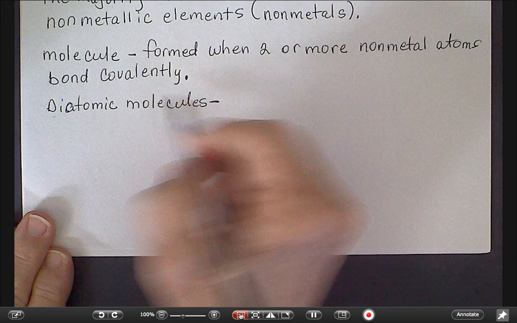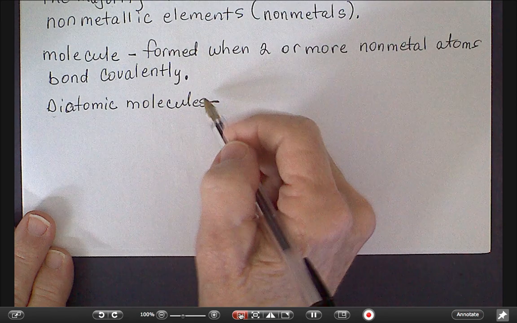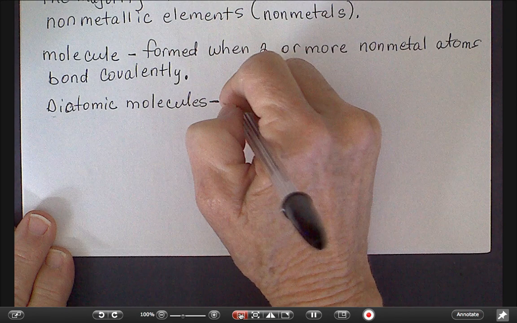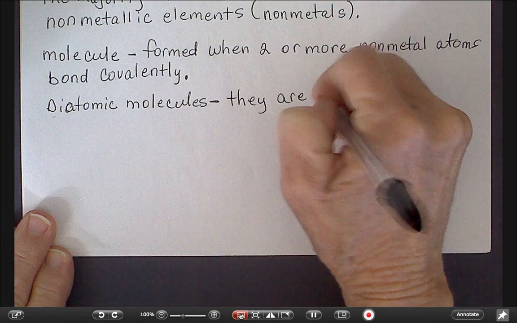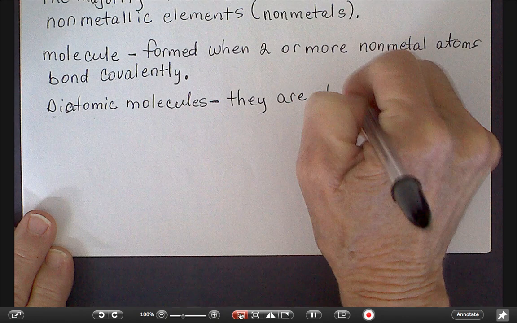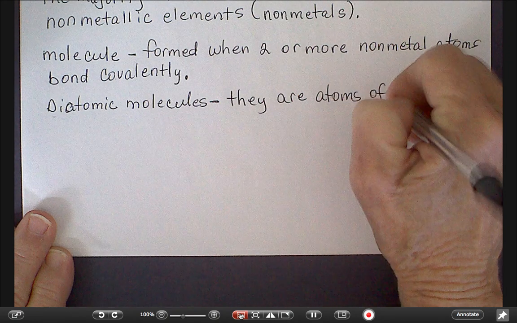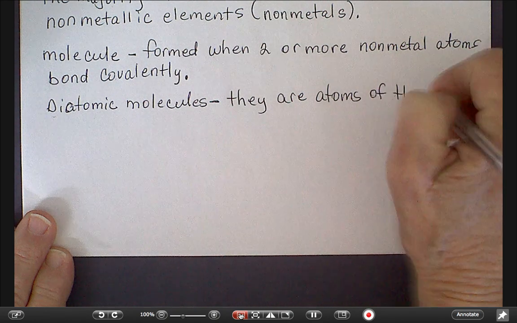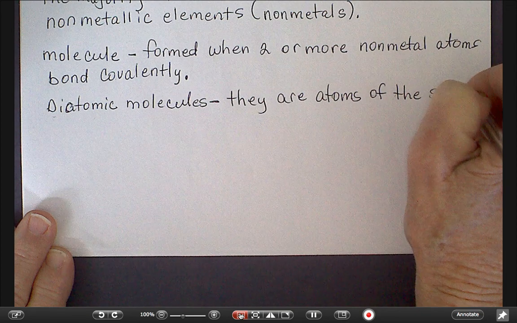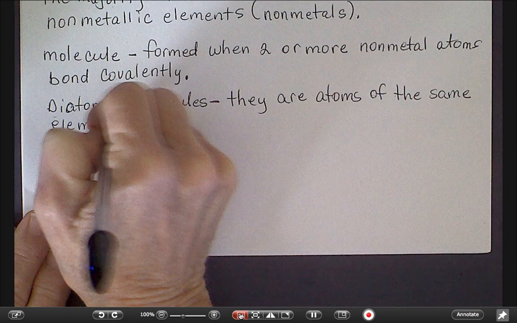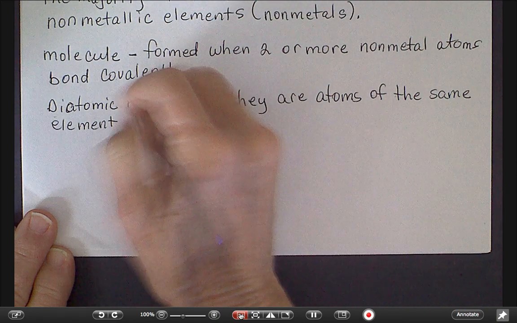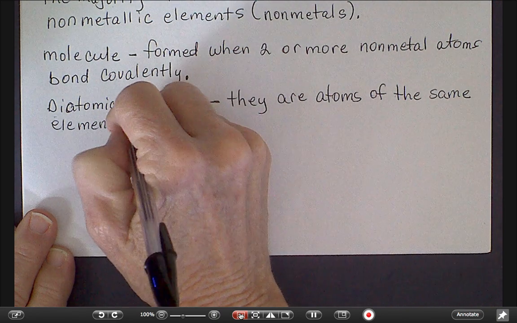Now diatomic molecules are atoms of the same element hooked together in a covalent bond.